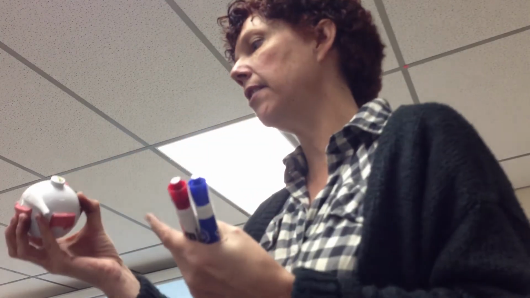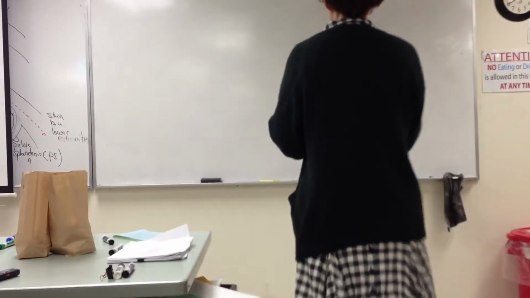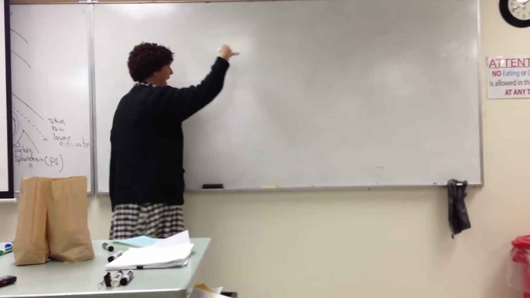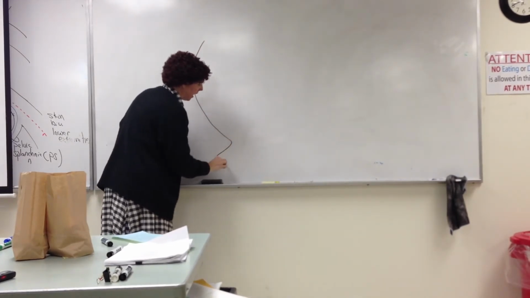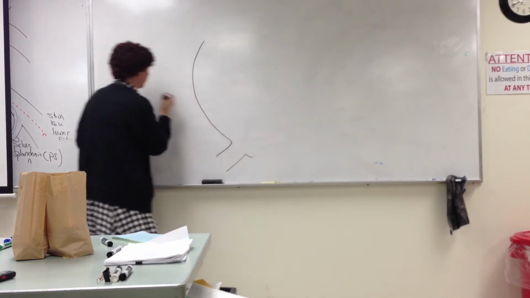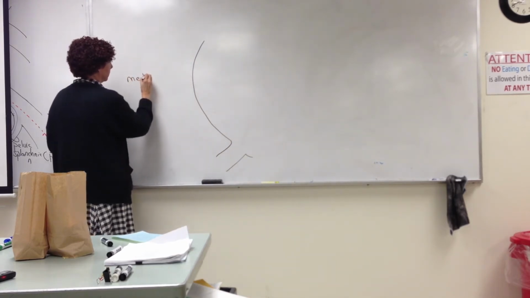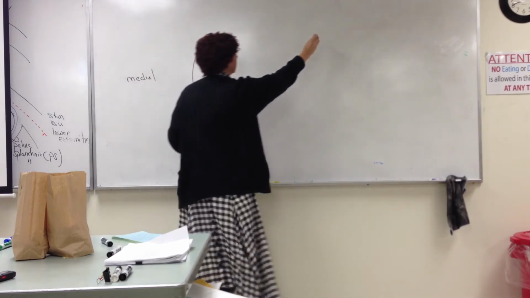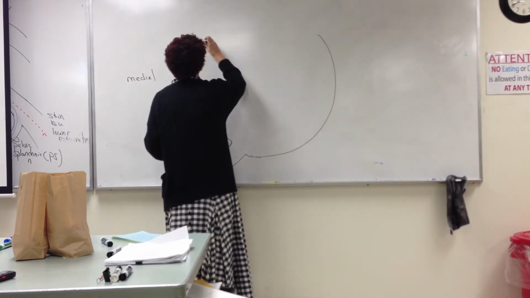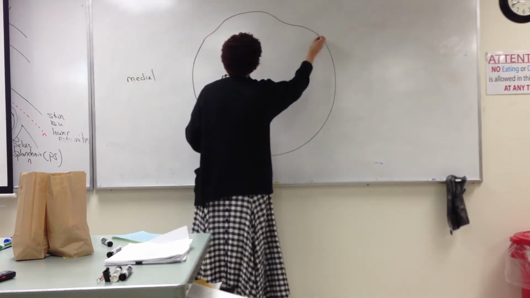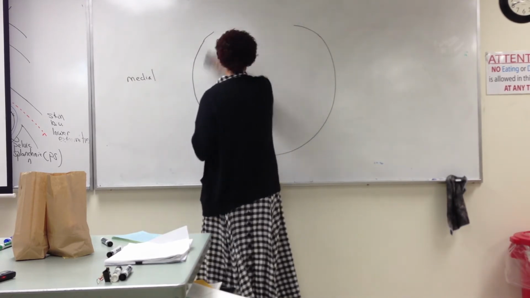The center of the eye is where we focus light, and that's where the macula, the fovea centralis, should be. All right? So we look down on top of the eye. We will bring the optic nerve out in this direction, so this would be medial.